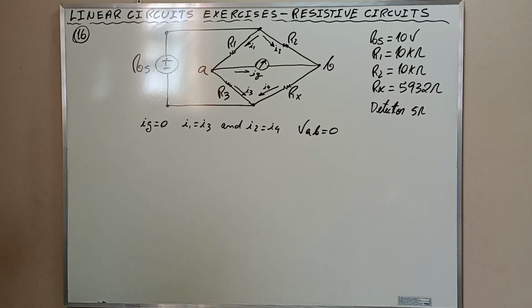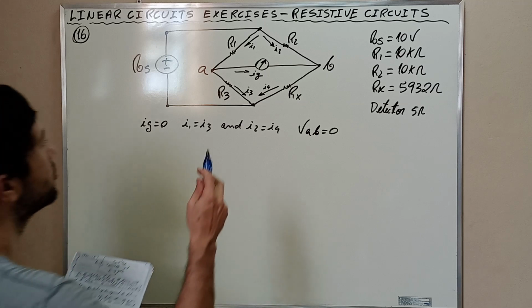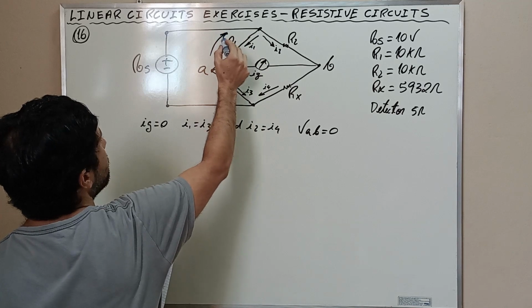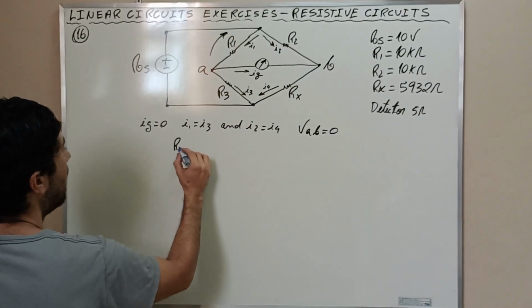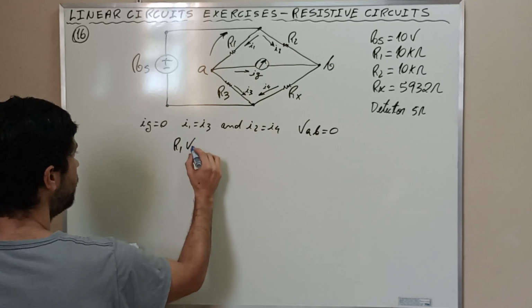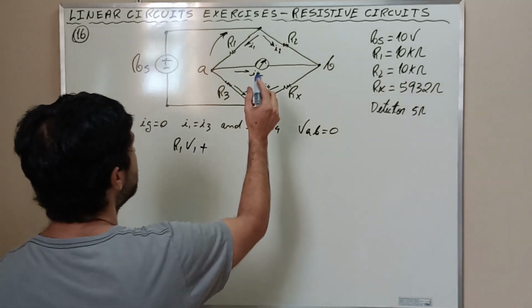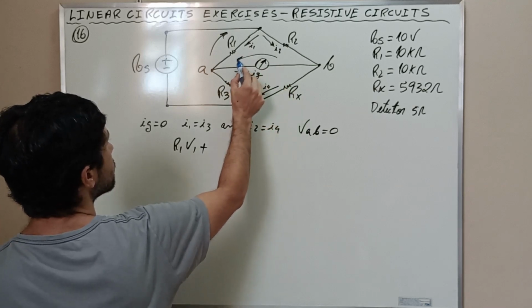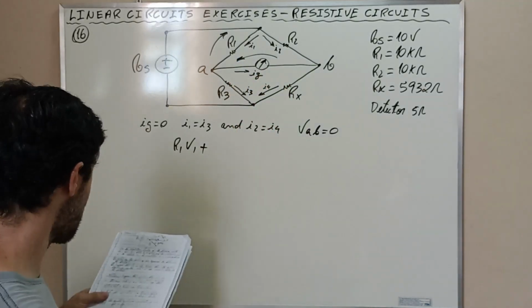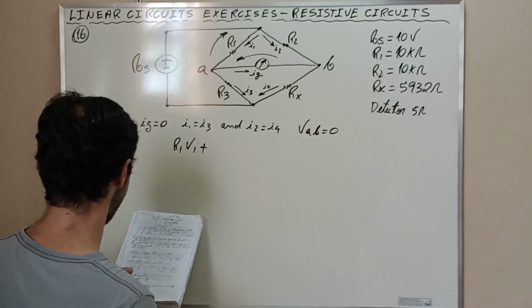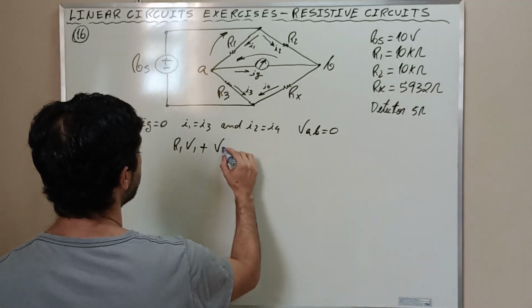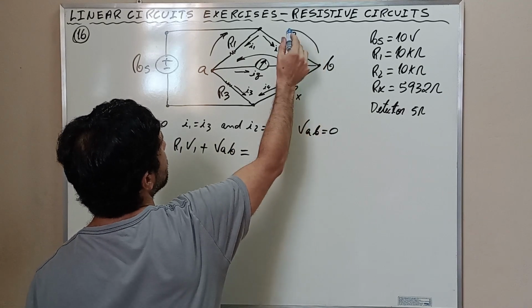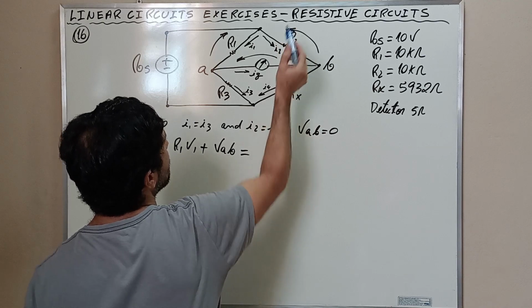Then, okay, let's observe this voltage here, okay? R1 times I1 plus this voltage here, VAB, have to be equal to this voltage here, okay?